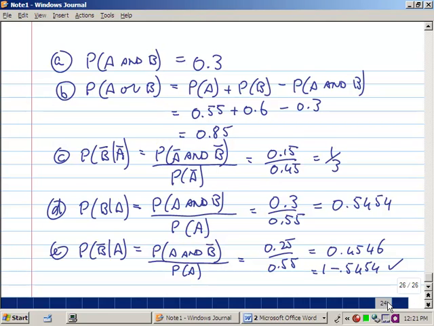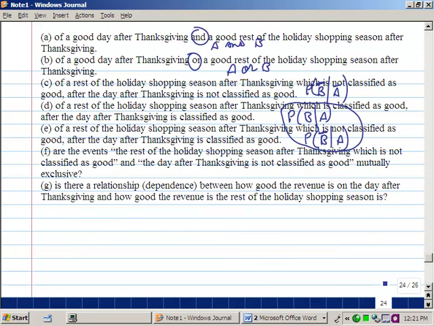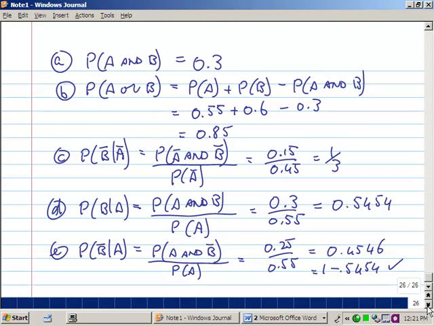Next question. Part F: are the events, the rest of the holiday shopping season after Thanksgiving, which is not good, that's B bar, and the event the day after Thanksgiving not good, A bar, mutually exclusive? So are B bar and A bar mutually exclusive is the question.